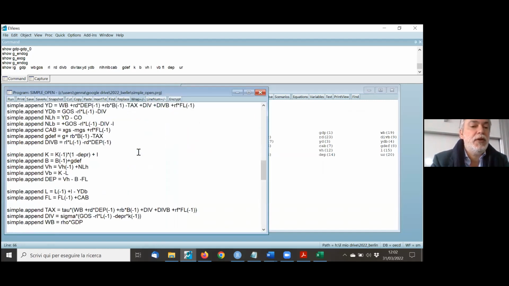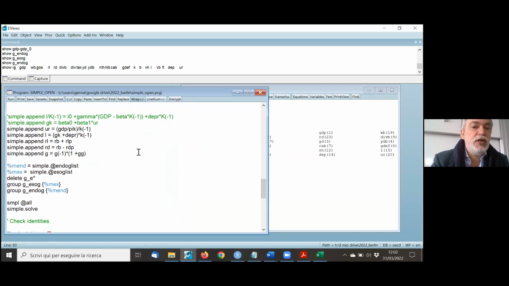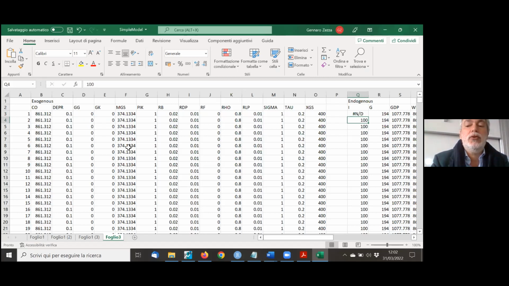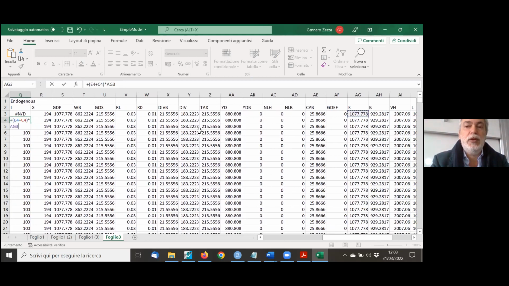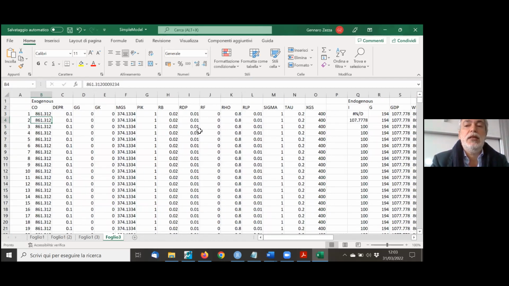So for investment, it is GK plus DPR times the opening stock of capital, and you use the spreadsheet to compute the same formula. So this is GK plus DPR times the opening stock of capital, which will be what we have in here. And this will give me 107.